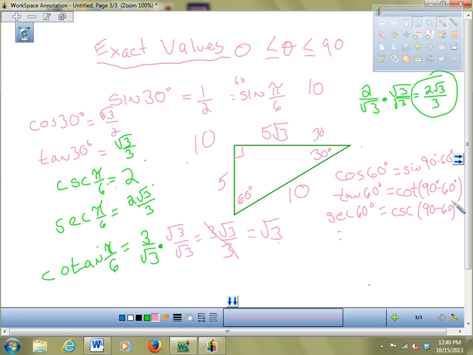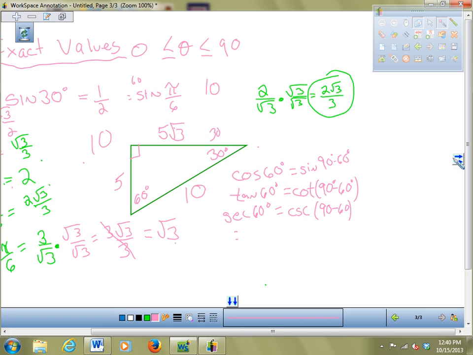So if I want to find all these things, all I have to do to find the cosine of 60 is look at the sine of 30.